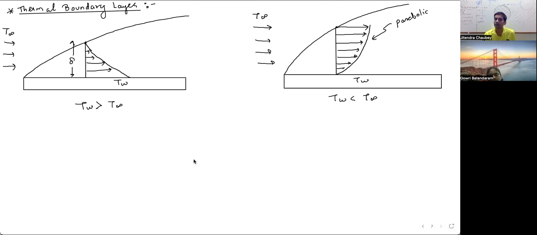These two boundary layers have a relation in common called the Prandtl number. If the Prandtl number is 1, it means delta thermal and delta viscous are the same. It means that the boundary layer which is formed will have the same profile of velocity and the same profile of temperature if the Prandtl number is 1.